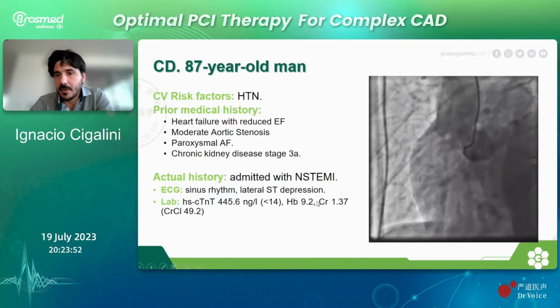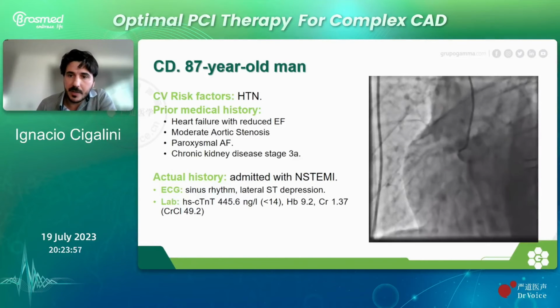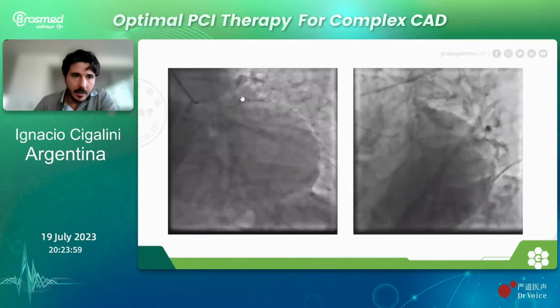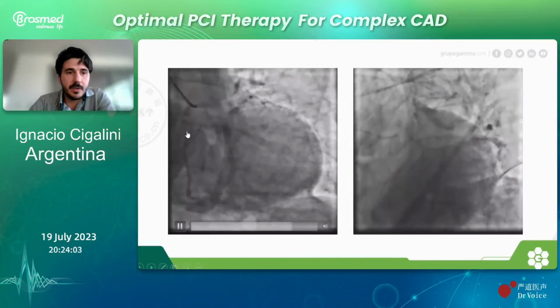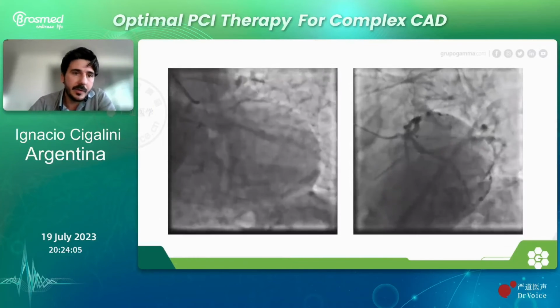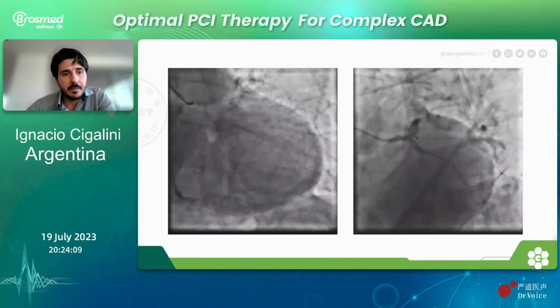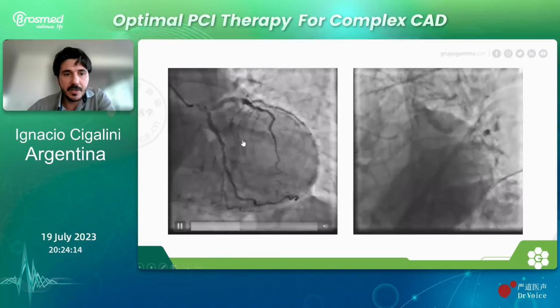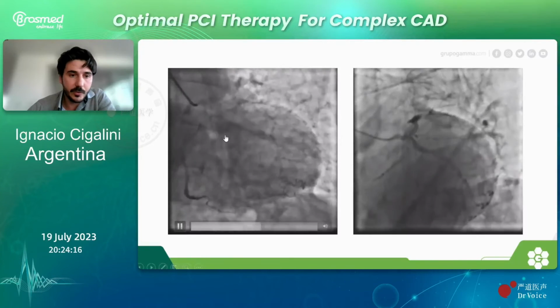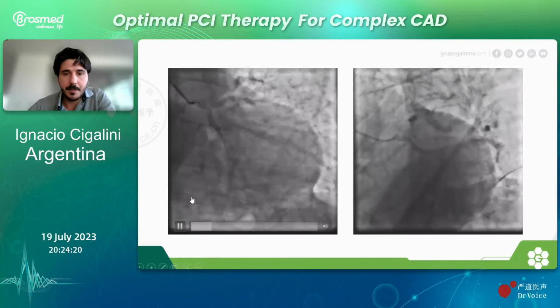When we performed the angiogram, we could see a total chronic occlusion of the ostial RCA, a very severe lesion in the ostial LAD, a concentric and focal disease, large diffuse disease in the left circ with total chronic occlusion of the first marginal branch at its ostium, and good collateral development to the RCA.